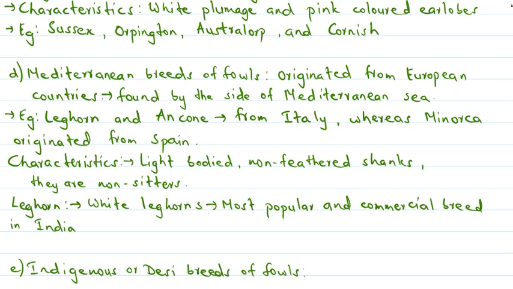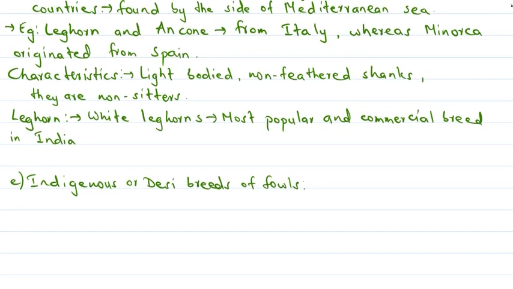The common country hen of India is known as desi, which is the best mother for hatching. Some of the Indian fowls resemble the Leghorn but have poor laying qualities. The indigenous breeds are hardy, strong, and possess natural immunity against common diseases.